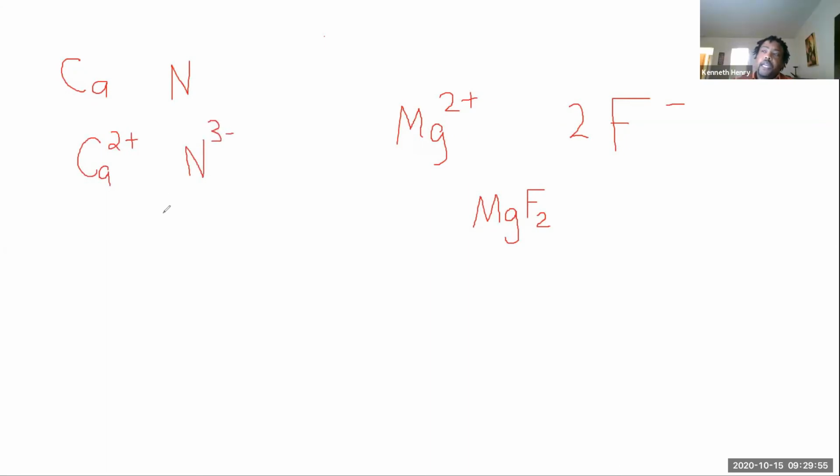So how many nitrogens am I going to need to balance out the calcium? So we have a total of a 0 charge. 2 nitrogen and 3 calcium. I'm going to need 2 nitrogens and you said 3 calciums. Okay, so then we're going to write this as Ca3N2.